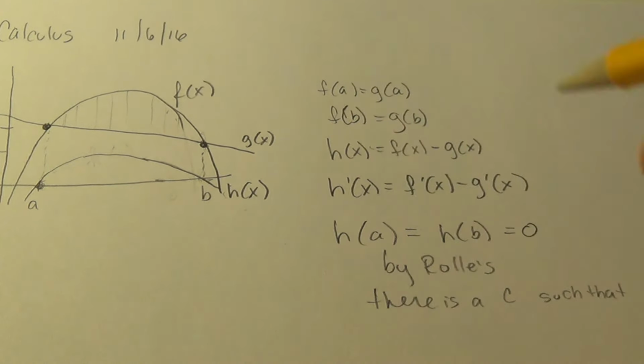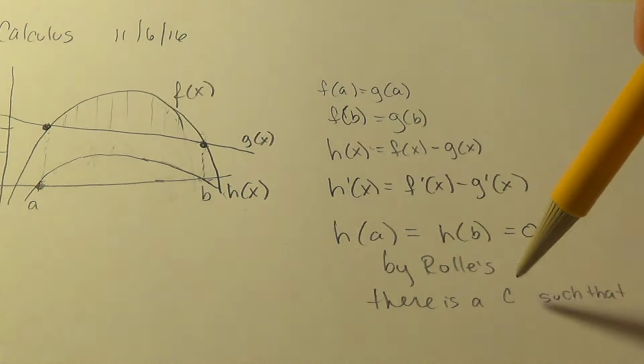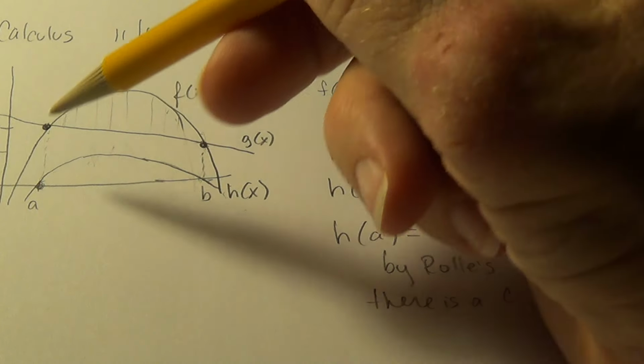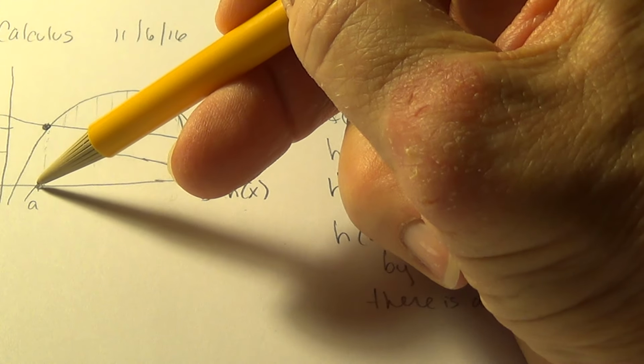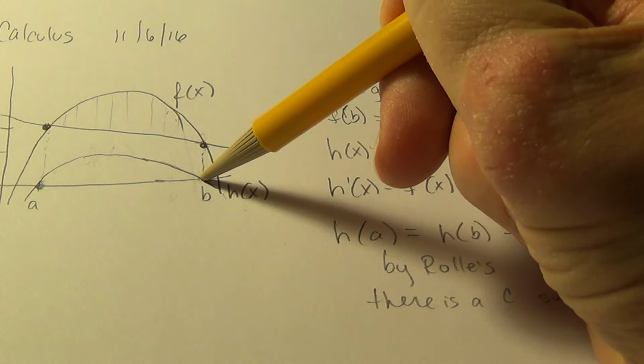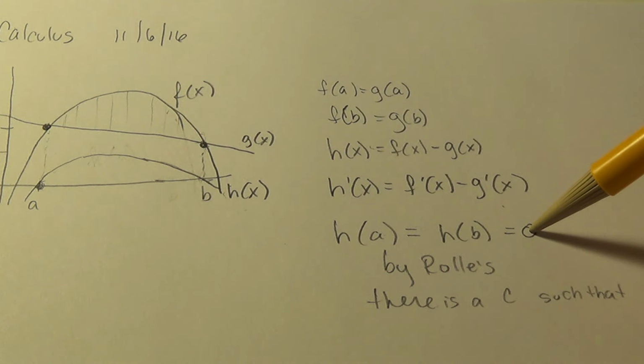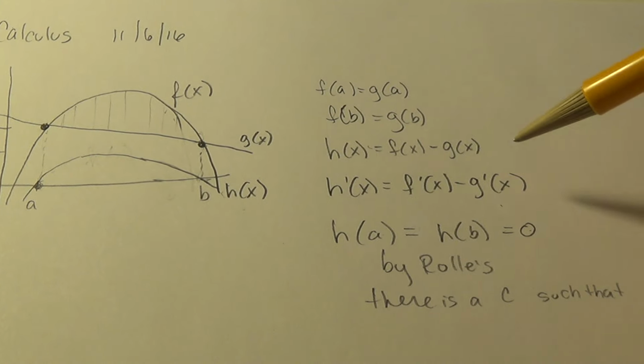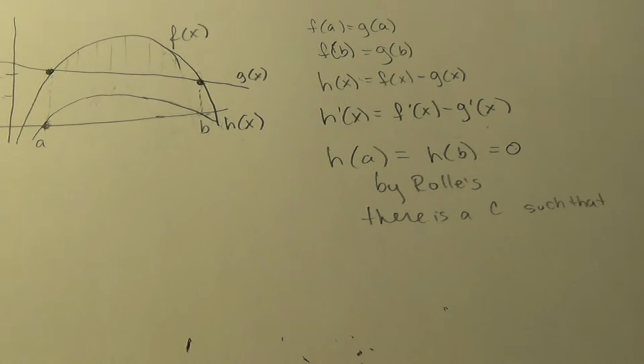Remember we learned that if this happens to equal 0, and in Rolle's all we had to say was f of A equals f of B. And this just happened to also be equal to 0. Rolle's does not require that. They just have to be equal to each other.